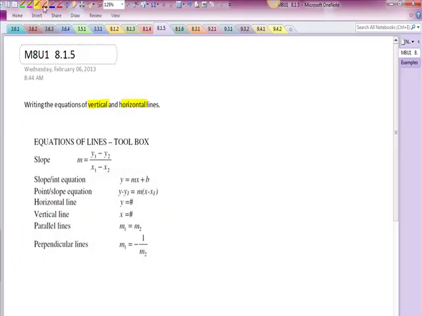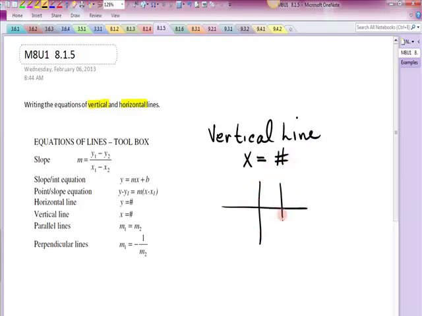All right, here's what you have to remember: when you are dealing with a vertical line, the equation of a vertical line is x equals some constant number. It cuts through the x-axis at that point.